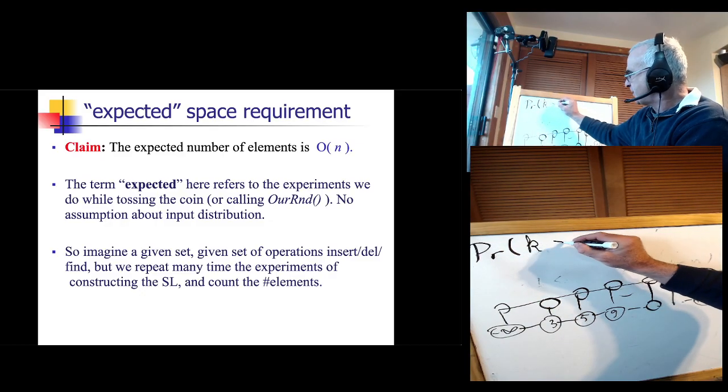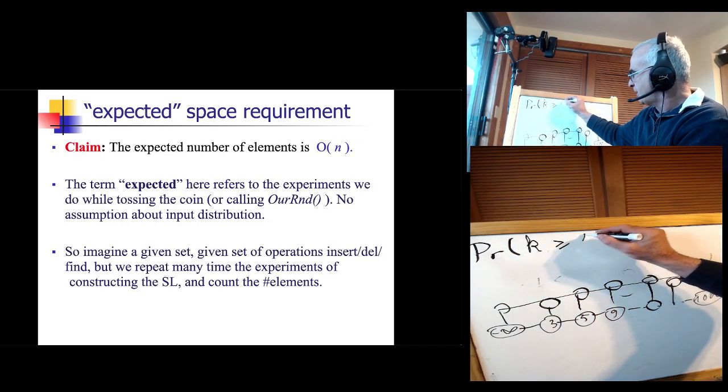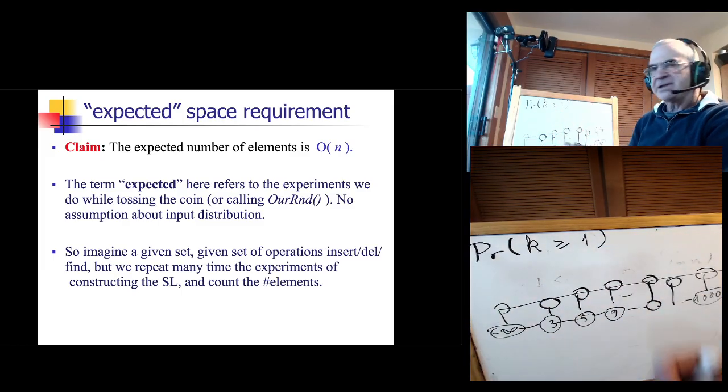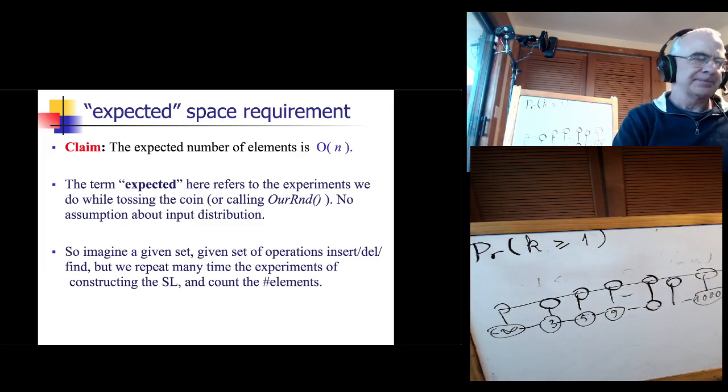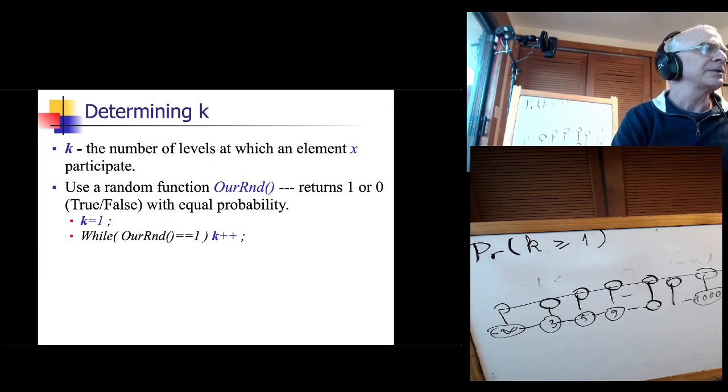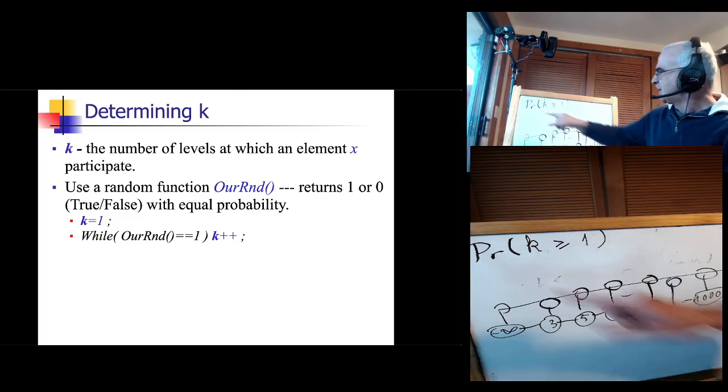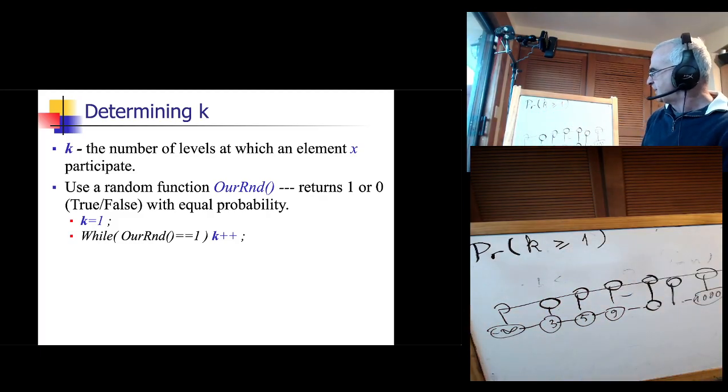What is the probability that k is larger or equal than 1? What are the chances that the value of k that I'll get, let's go back a few slides, is larger or equal than 1? 100%.